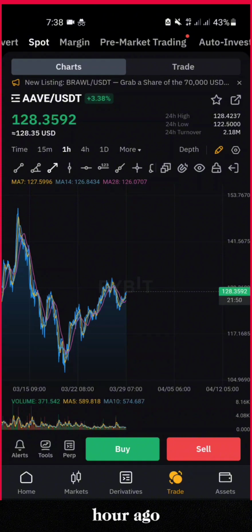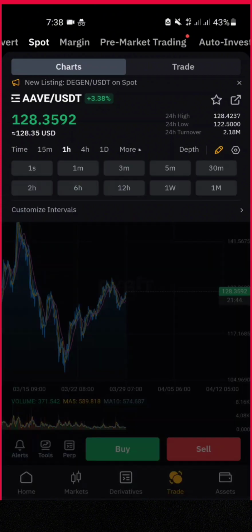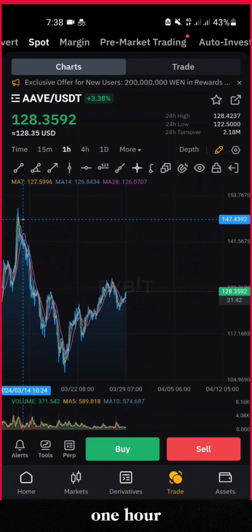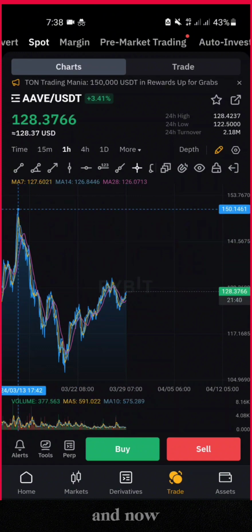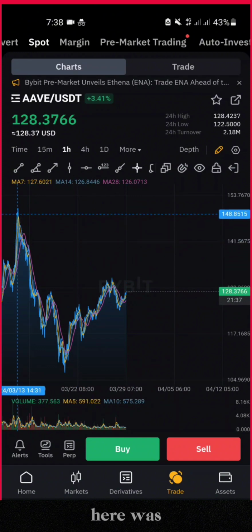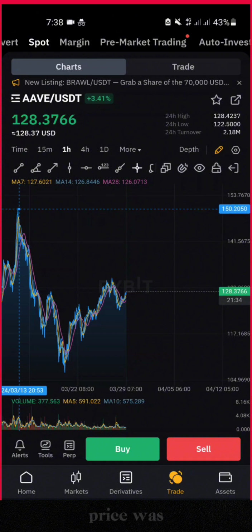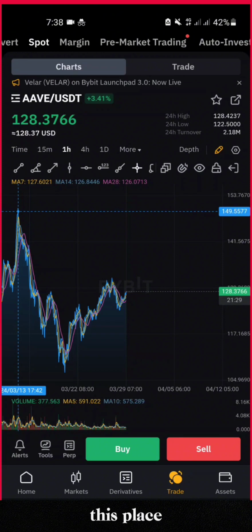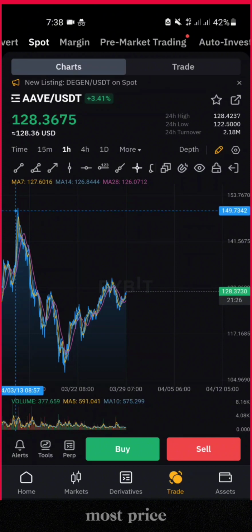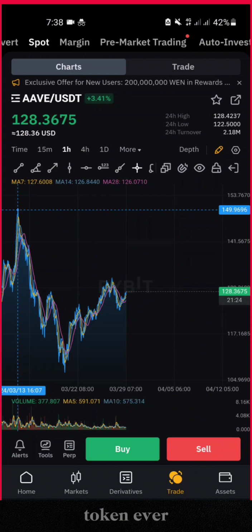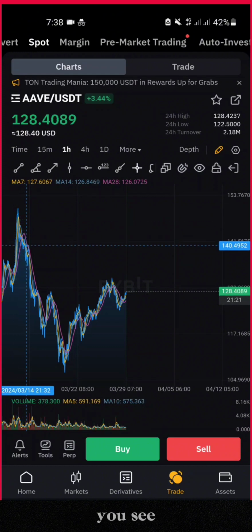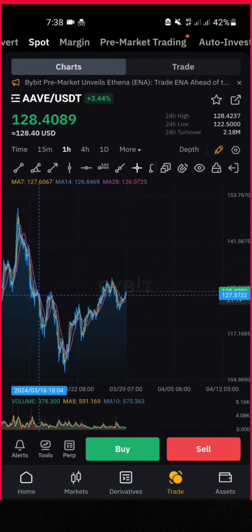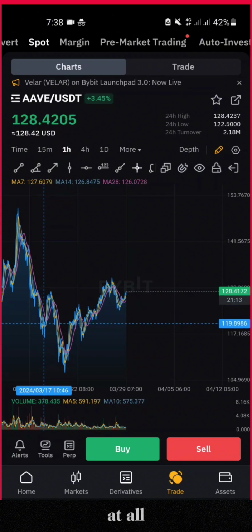One hour ago the price was here, and now it is here. It was 148. One of the best prices in the last 1 hour, the highest price of the token. So if you see, it has gradually increased, and it has fallen at times.